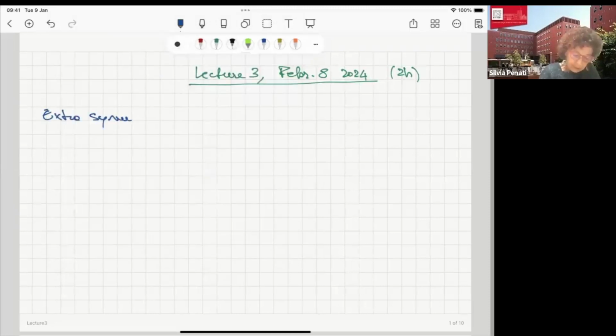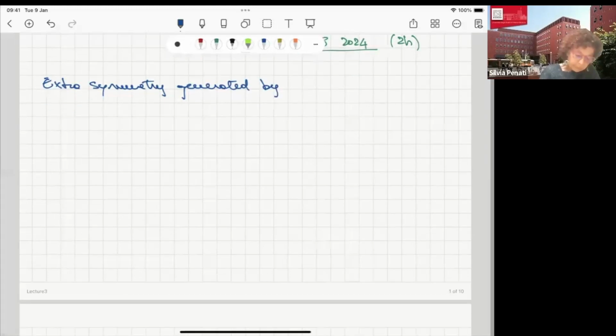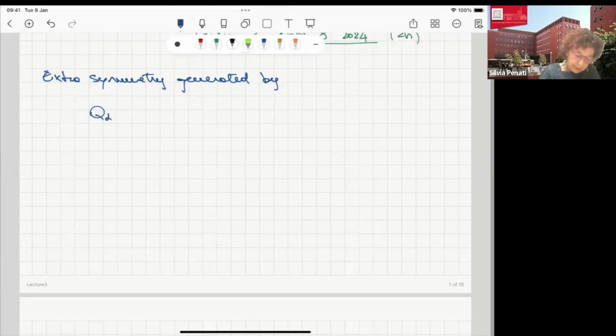Extra symmetry generated by objects that we call Q alpha and Q bar alpha dot.